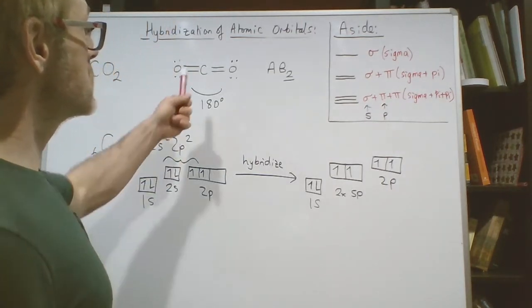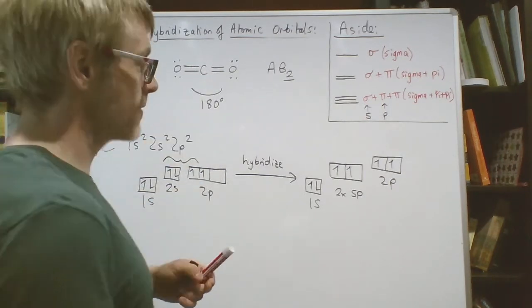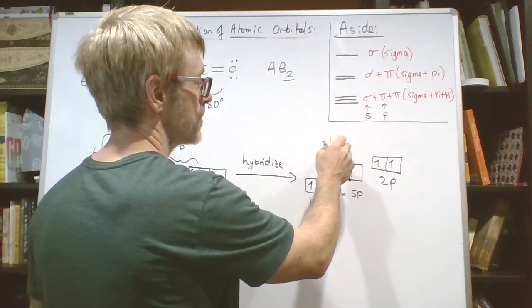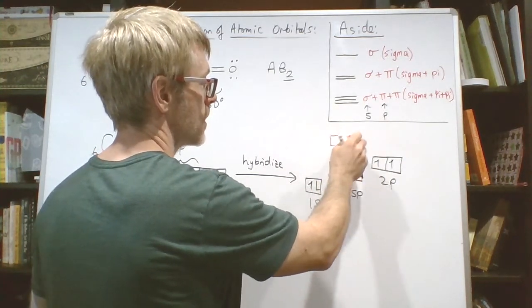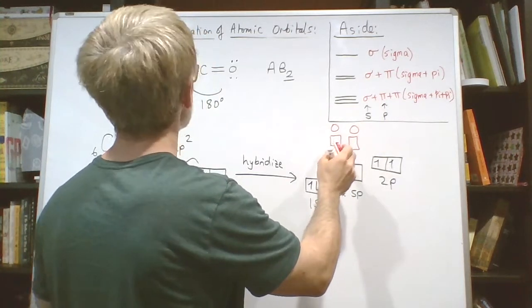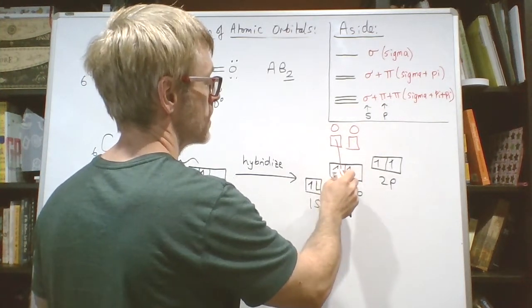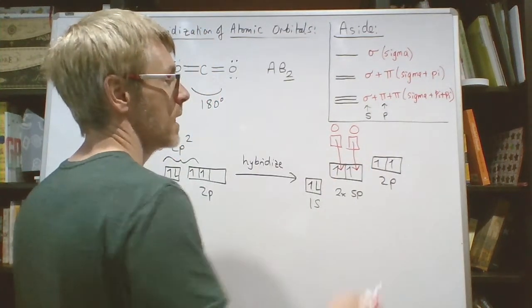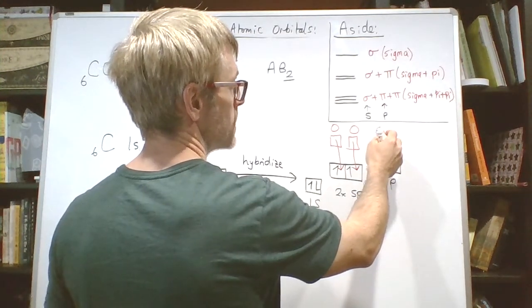Okay, so I can see that I've got space in the hybrid orbitals for oxygen. So these are interactions with oxygen that can go in here. But I can also interact with oxygen here.